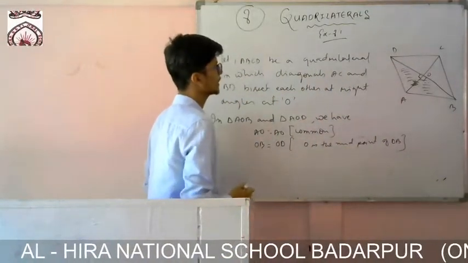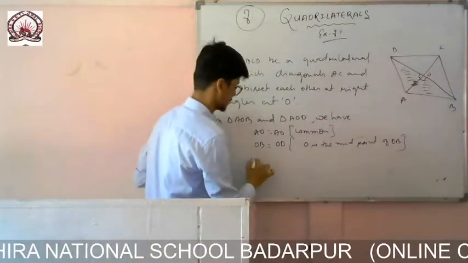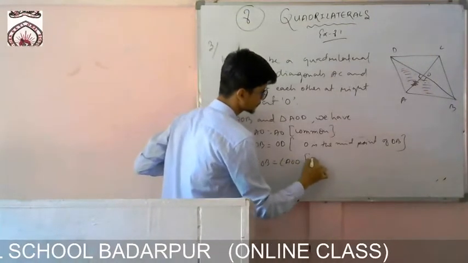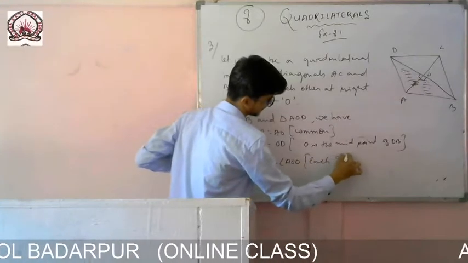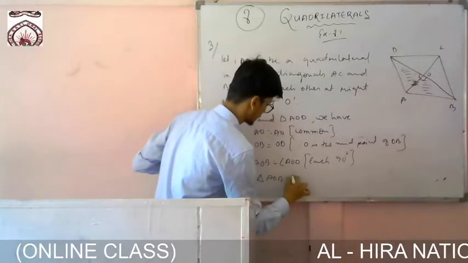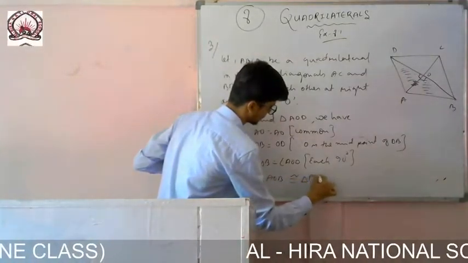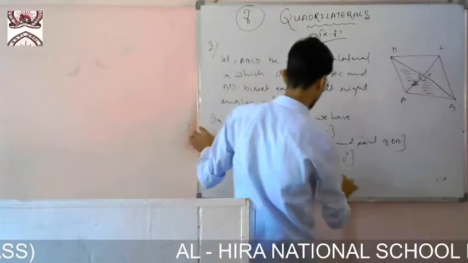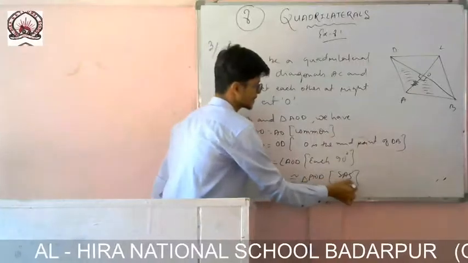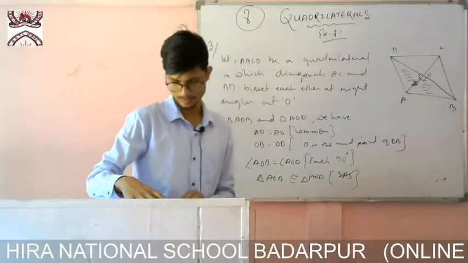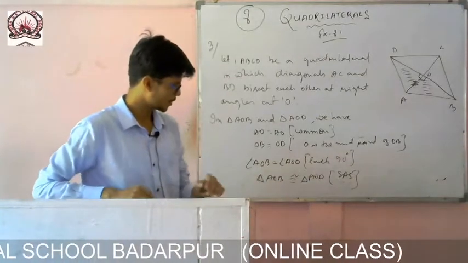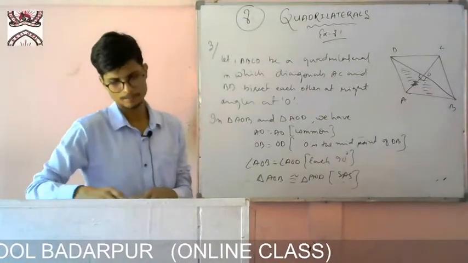So I can write angle AOB is equal to angle AOD, each 90 degrees. So I can say that these two triangles are congruent by side angle side criteria of congruence. So triangle AOB is congruent to triangle AOD. We have proved this one.